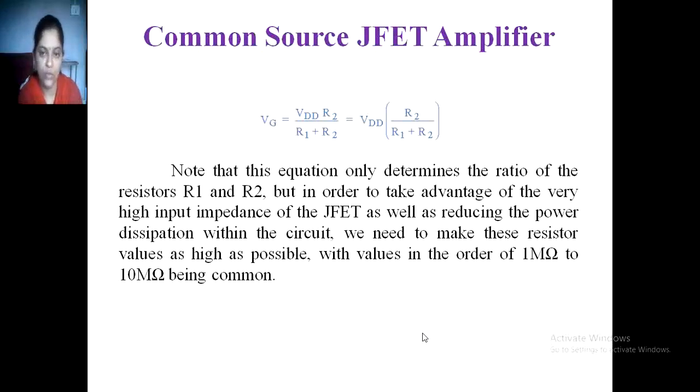But in order to take advantage of the very high input impedance of the JFET, as well as to reduce the power dissipation within the circuit, we need to make these resistor values as high as possible, with values in the order of 1 megaohm to 10 megaohm being common.